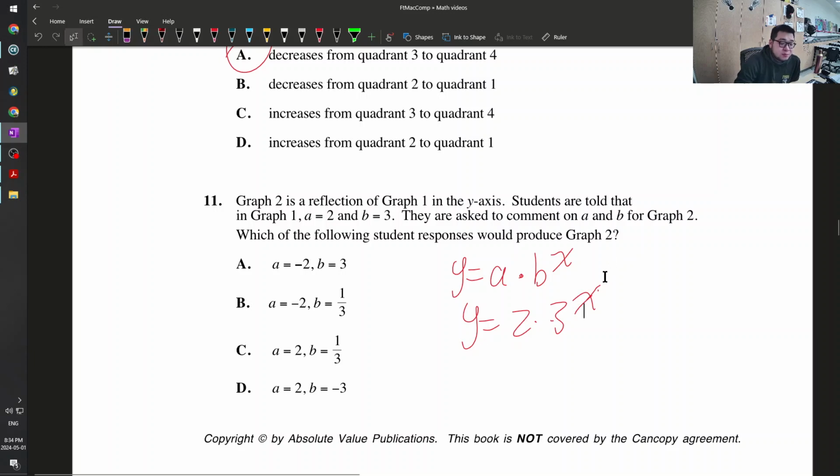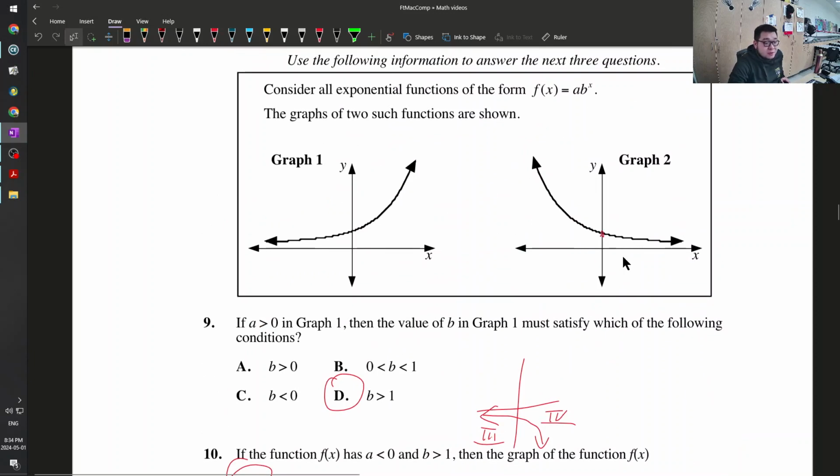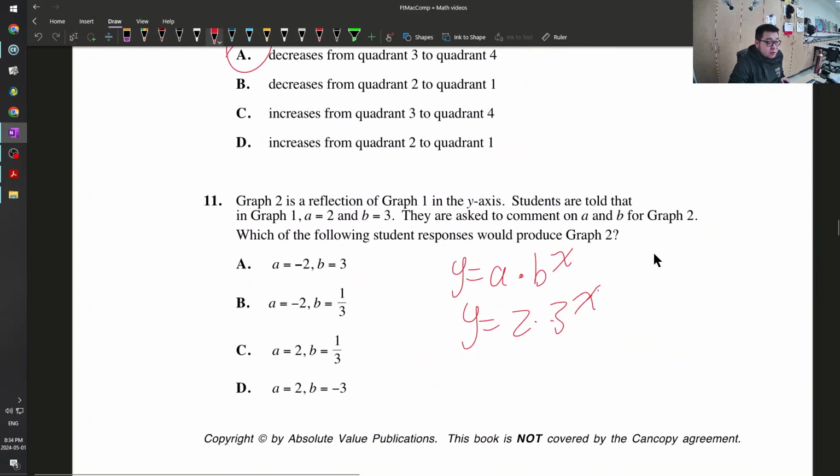So I don't think it is explicitly stated in this unit, but if you want to produce graph 2, then you see they have the same y-intercept, so that means the a value does not change, so a is still equal to 2. So now your b value cannot be less than 0, so the only option is C. Alternatively, you can graph it and you'll see that this will produce the exact same graph that is opposite to graph 1. So 11 is C.